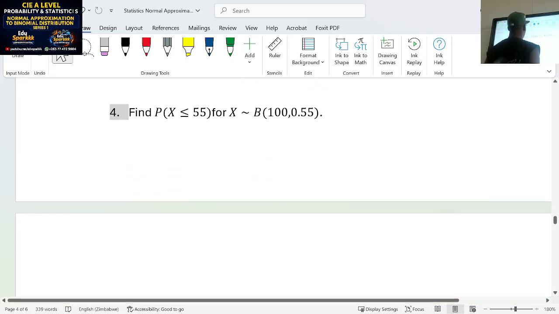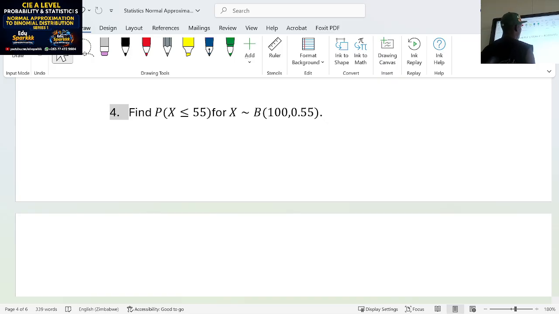Moving to the fourth, we want the probability that X is less than or equal to 55 for X which is binomially distributed in this manner.